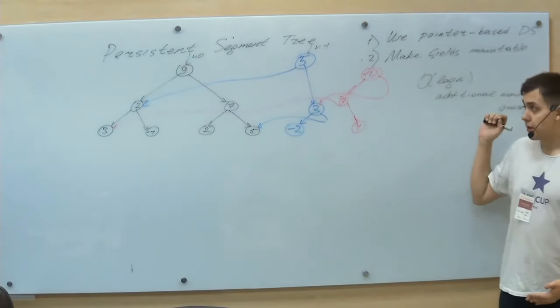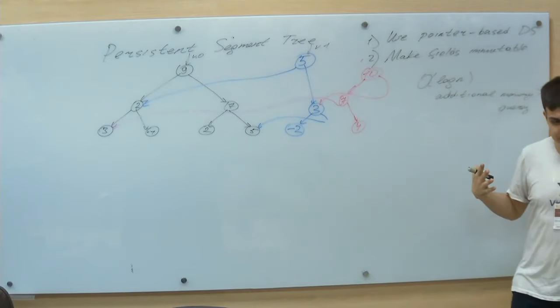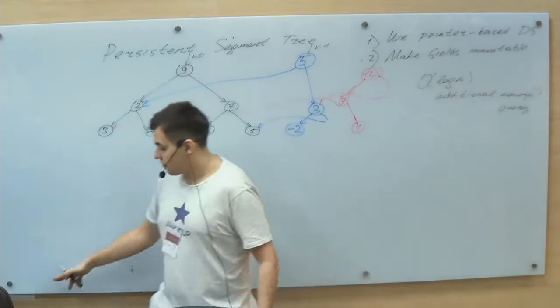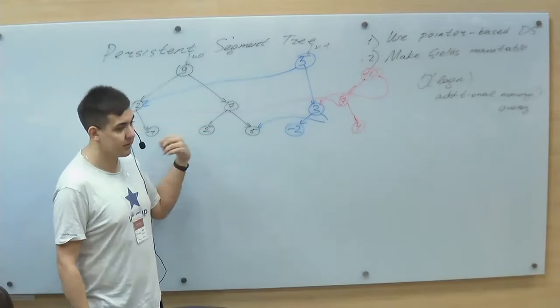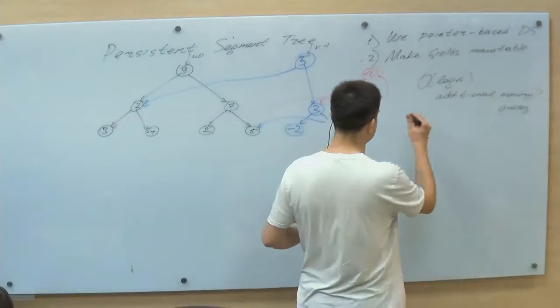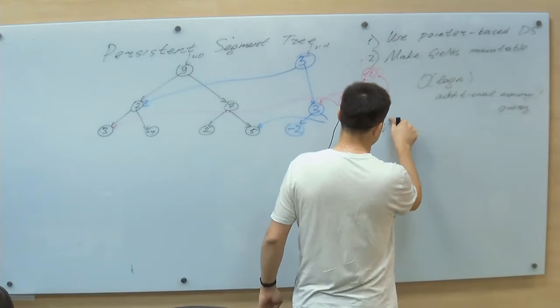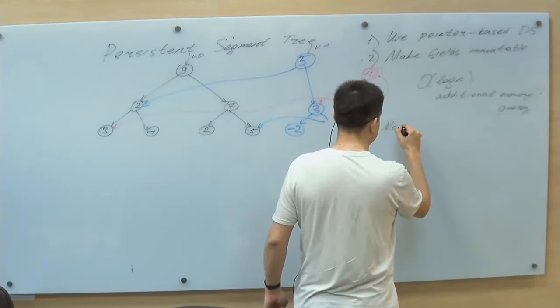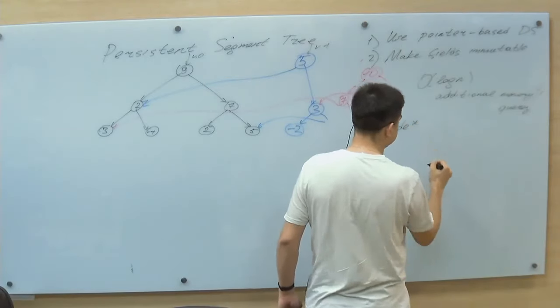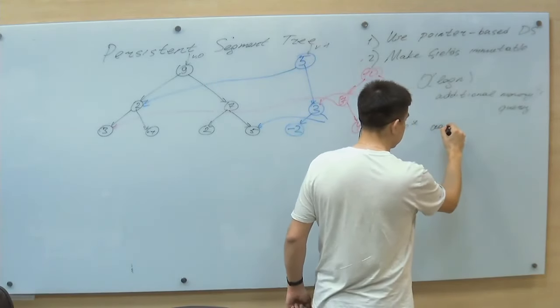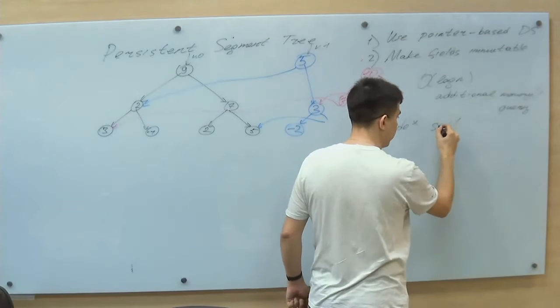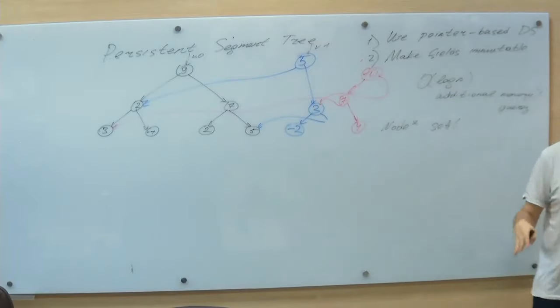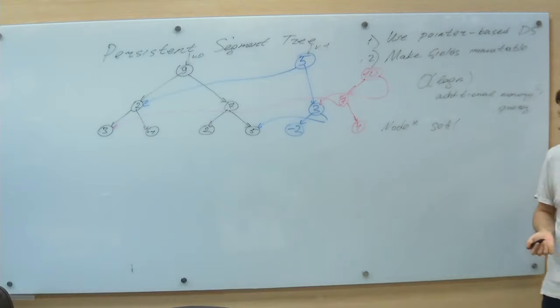Okay, so how do we implement this? Usually all these pointer-like structures will return the new copy of the object. So let's implement this. I'll return the pointer to the node, for this operation, set some index of the array to some value.